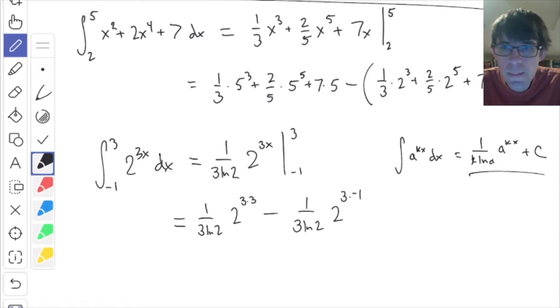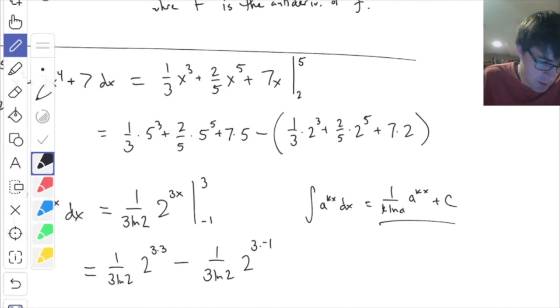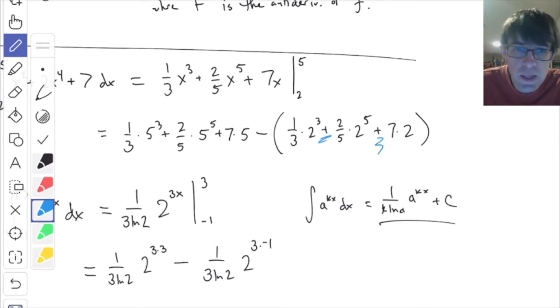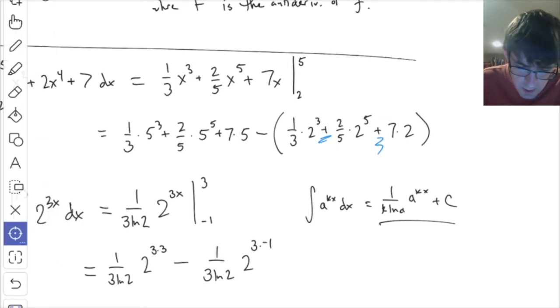Do we have to put parentheses on the last thing that you just subtracted? In this case, the parentheses are not necessary. The reason I said you need them in the previous problem is because I have pluses in here, which means any minus sign on the front should be distributed across these three things.